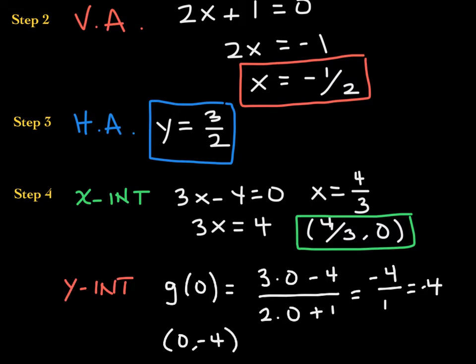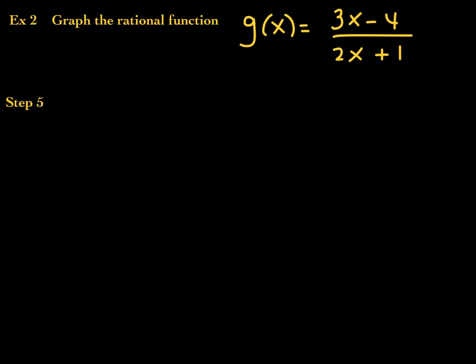This is the y-intercept. You always have just one y-intercept, okay? It's possible to have multiple x-intercepts, but you will always only have one y-intercept. Now, because the end behavior asymptote is not the x-axis, I need to determine whether the graph crosses my end behavior asymptote. So now watch this carefully.